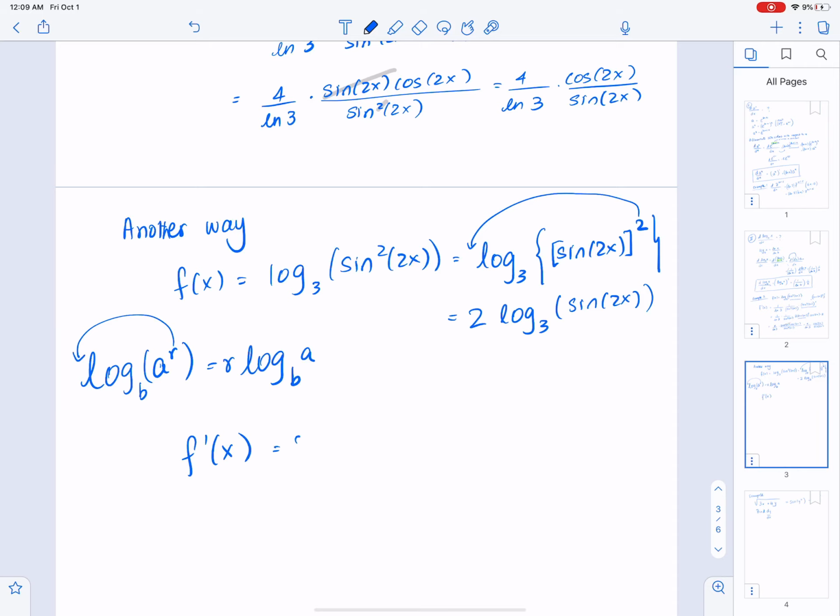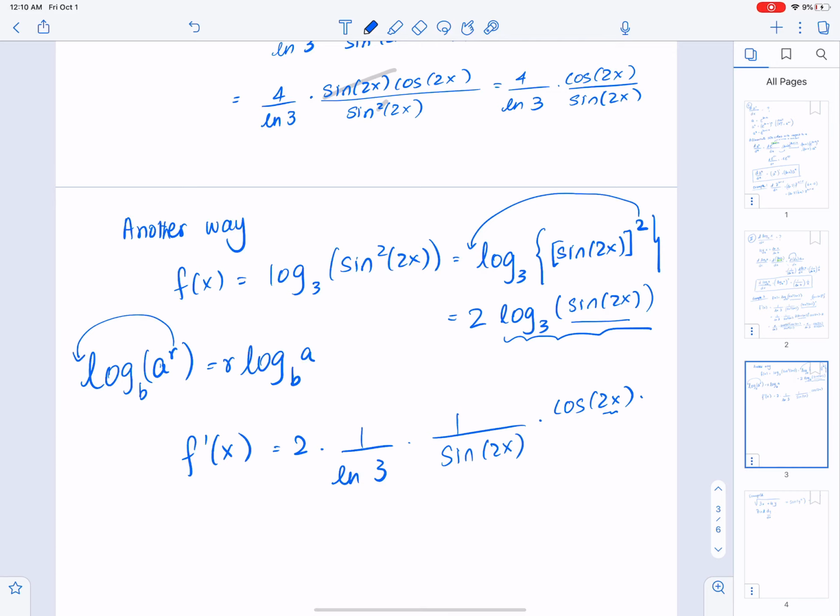The 2 is just a constant. We want to differentiate this. It's log to a different base. So we have to throw in 1 over the natural log of that base. And then you have 1 over the inside. But that wasn't just x, so you need to put the derivative of that. What is that? That'll be cosine 2x.